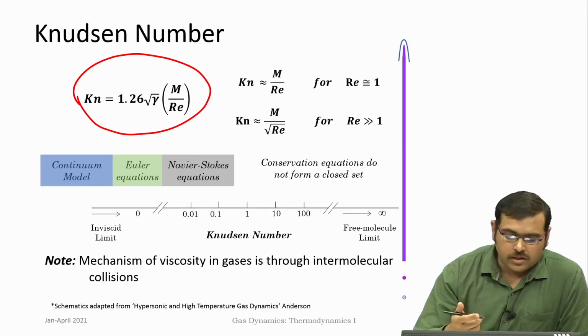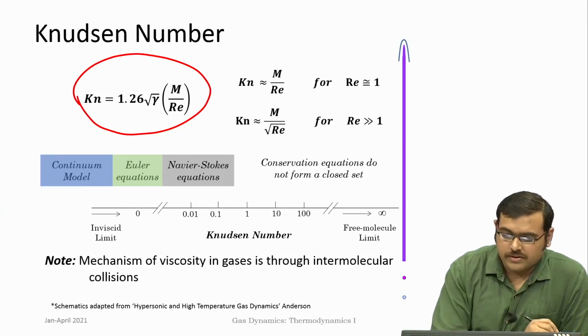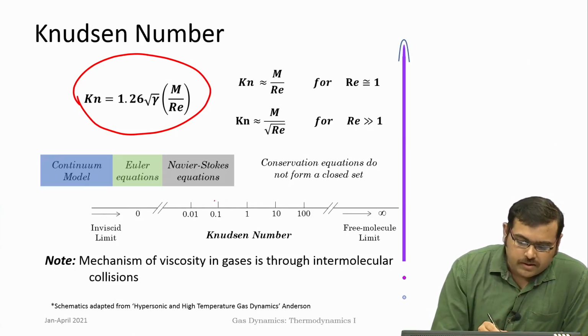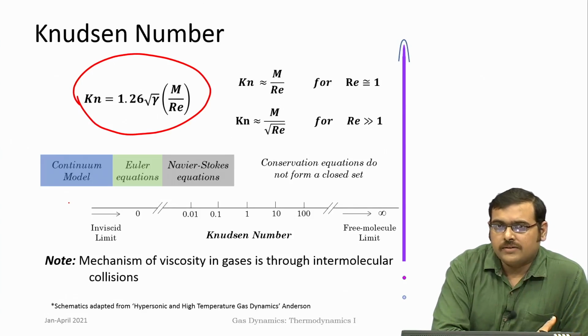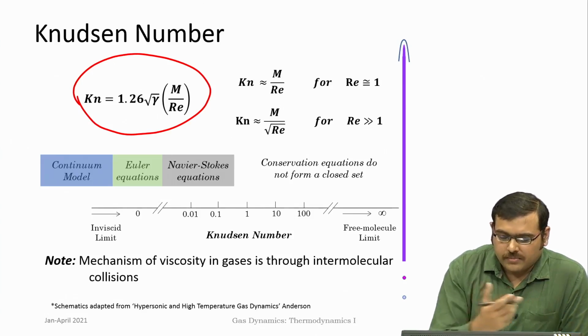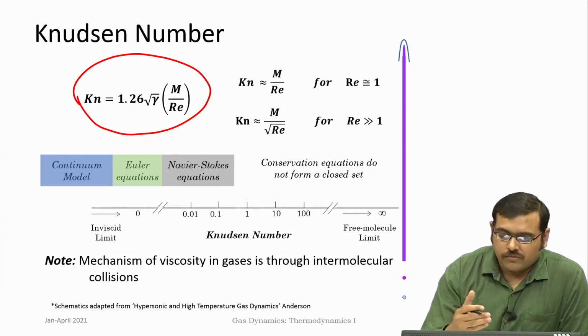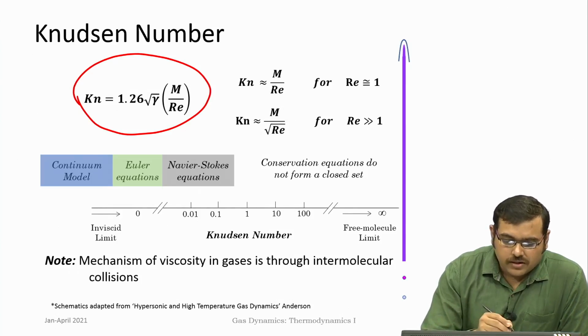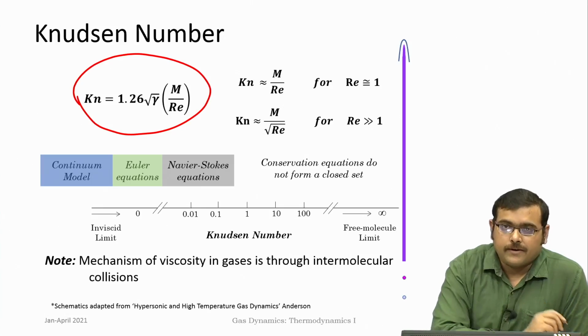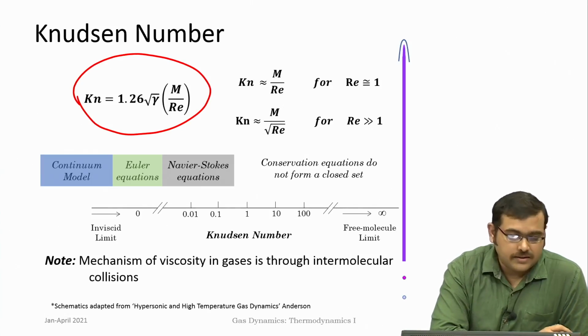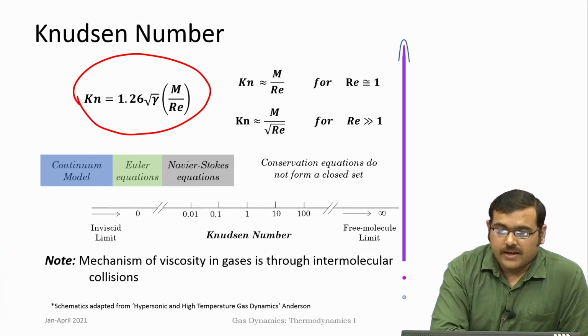This is true when Knudsen numbers are less than about 0.1. So small Knudsen numbers mean continuum flow. If Knudsen numbers start becoming larger, approach a value of 1 and greater, then that is not continuum flow. There our Navier-Stokes equations do not hold good, and we should consider other kinds of analysis techniques.